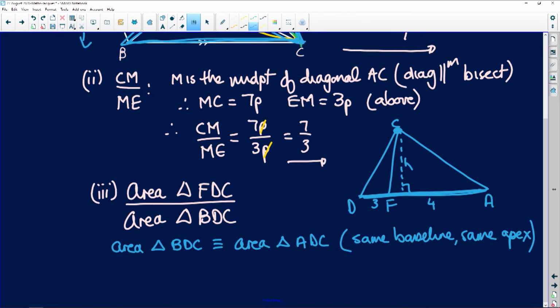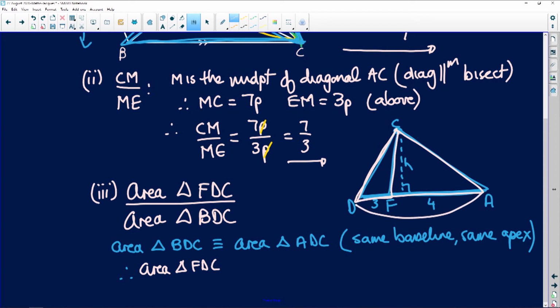So all we need to do now is go and answer the final question. The area of triangle FDC, remember, if we have this situation, the area of the big one over the area of the smaller one is the length of that base divided by the length of the smaller base.